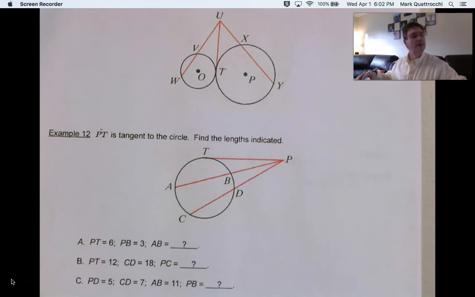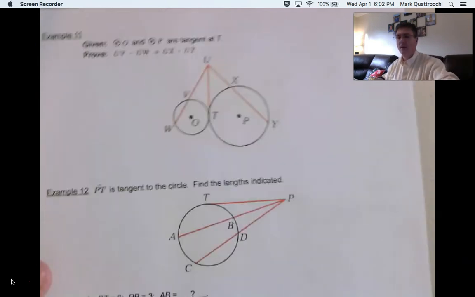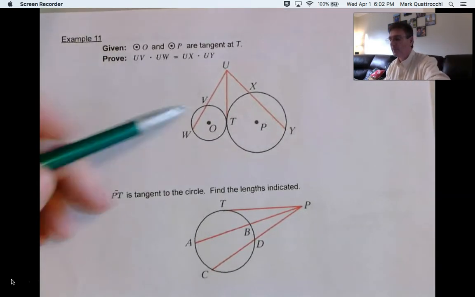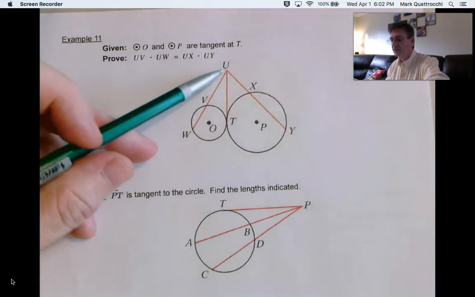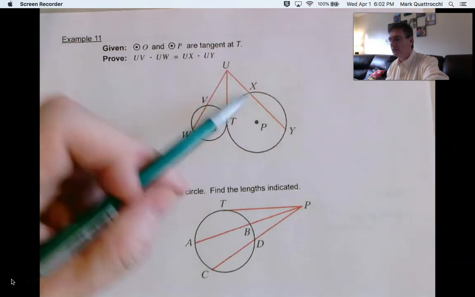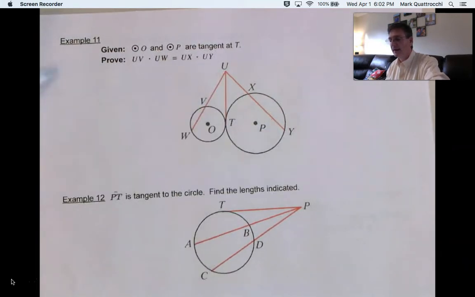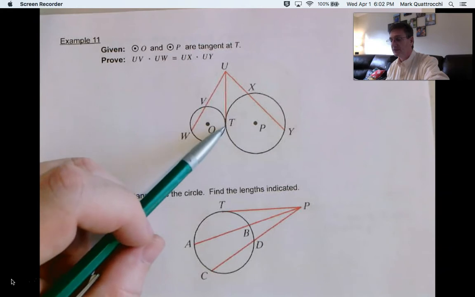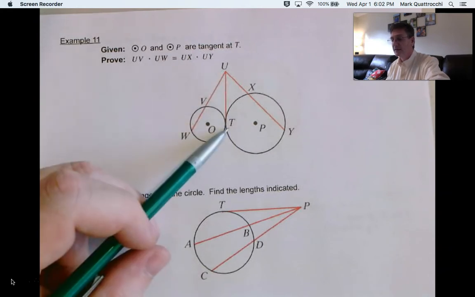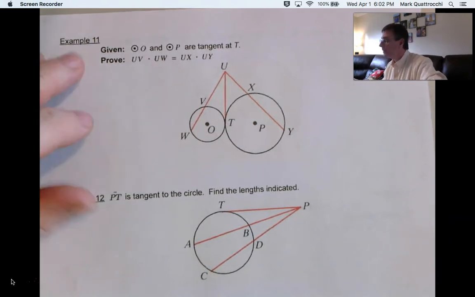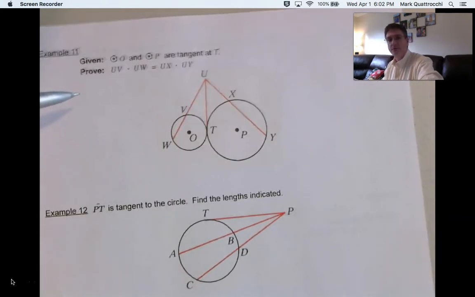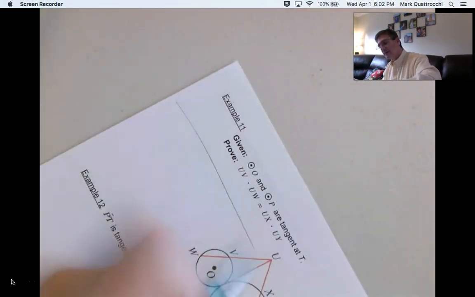Example 11 is we're going to do a proof that UV times UW is the same as UX times UY. We know that these two circles are tangent to each other, so that makes UT a tangent line at point T. Okay, so let's do statements and reasons over here.